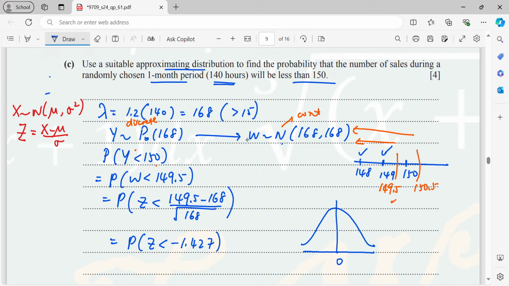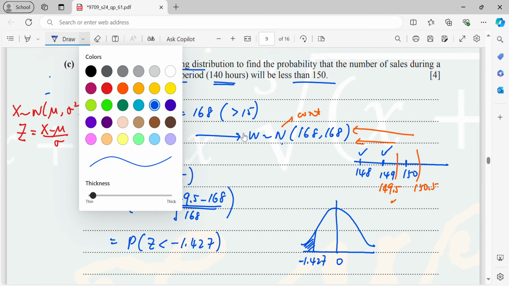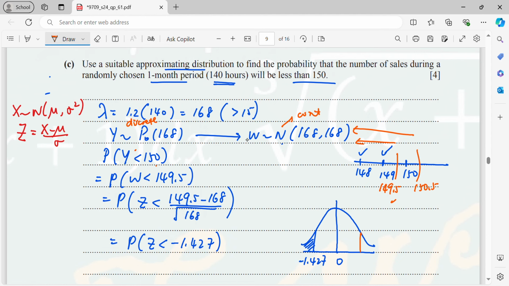Right after this step, sketch a graph. So negative 1.427 is on the left side, and since it is less than, the region is towards the left side. Now I will reflect it to the positive part, and then it will be the region on the right side, the orange region. The orange region is found using total probabilities: 1 minus all previous probabilities.